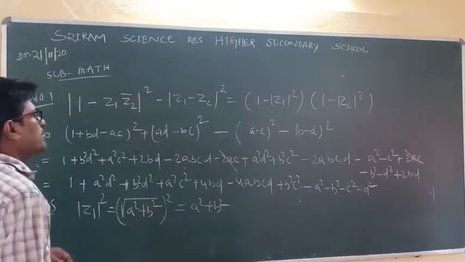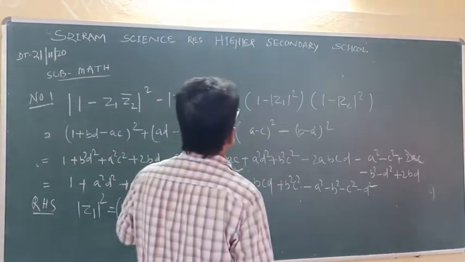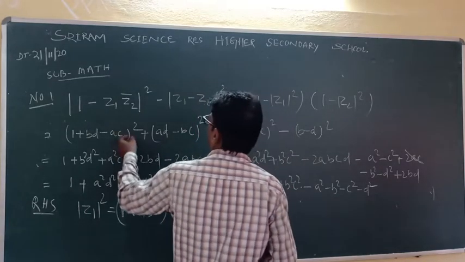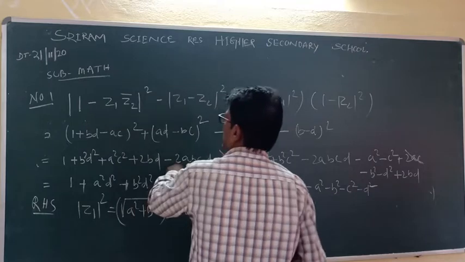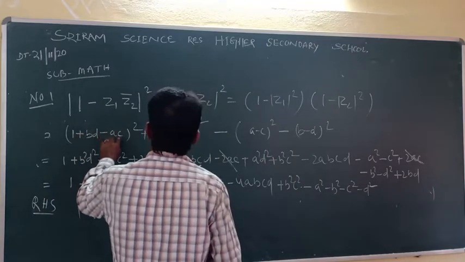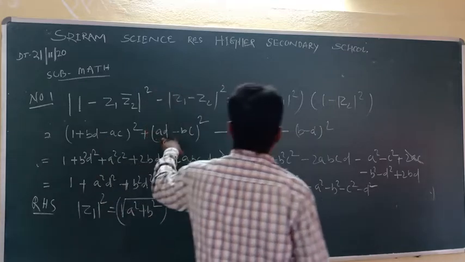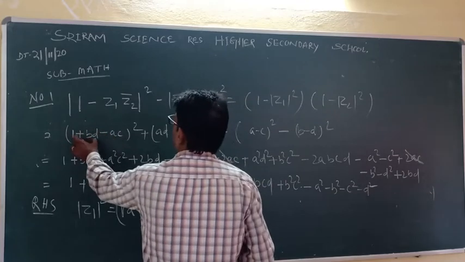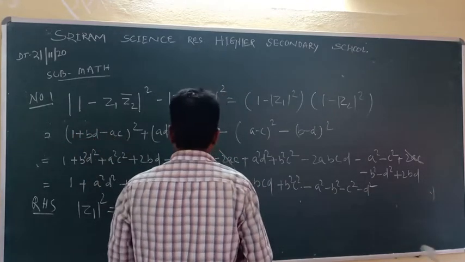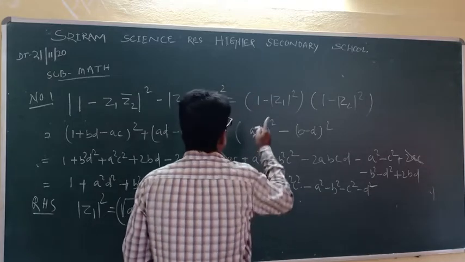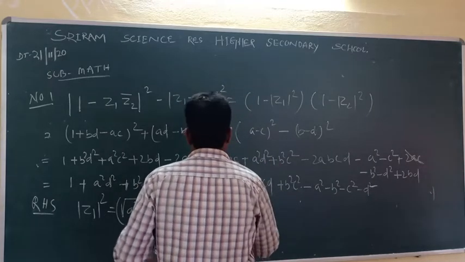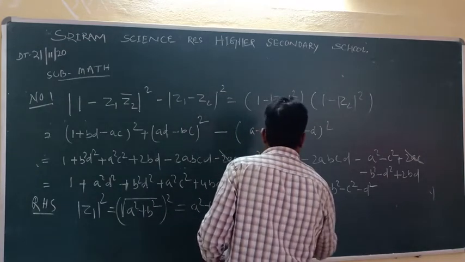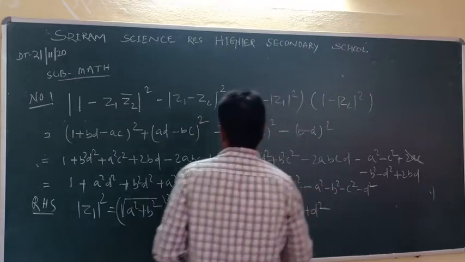Similarly minus 2abcd plus 2abcd, minus 4abcd cancels, so minus 2abcd, no doubt. So a square plus b square. Similarly z2 modulus square is c square plus d square in RHS.